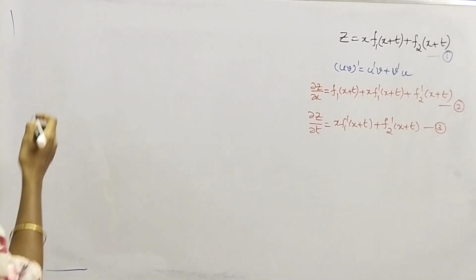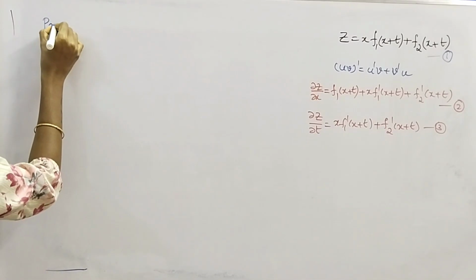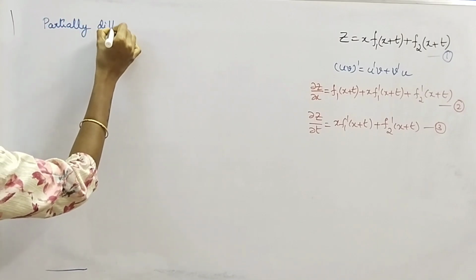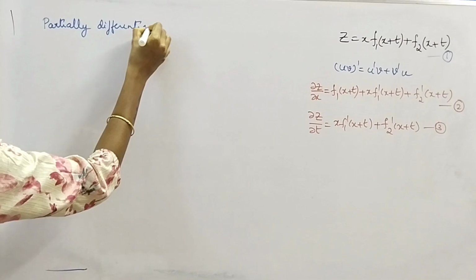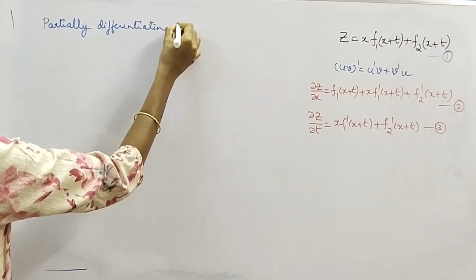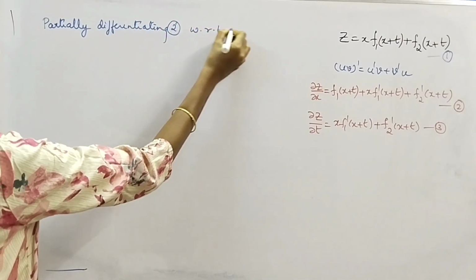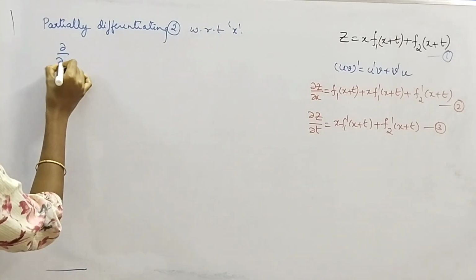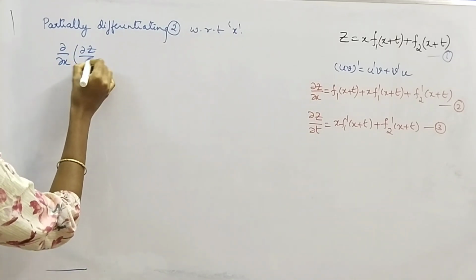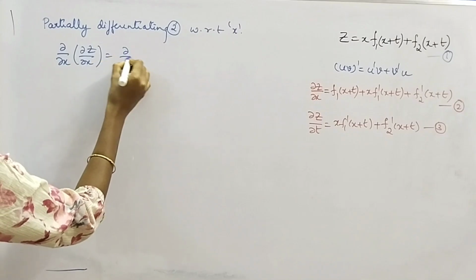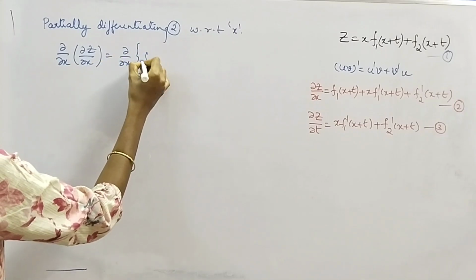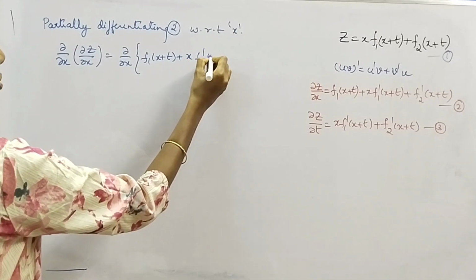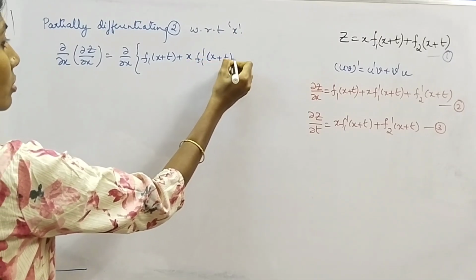Partially differentiating with respect to x, just apply dou by dou x on both sides of 2. Here we are partially differentiating with respect to x, so we'll treat t as constant.